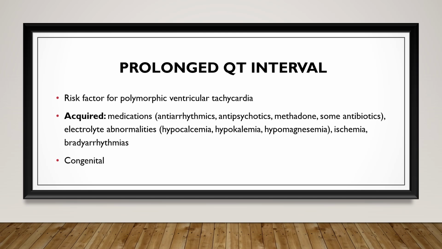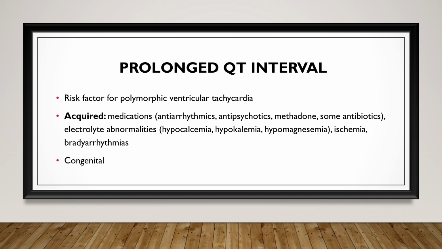Let's briefly discuss prolonged QT interval. Prolonged QT interval is a risk factor for polymorphic ventricular tachycardia, also known as torsade de pointes. There are multiple reasons for that. Some of them acquired reasons, such as medications, and some of them are congenital.